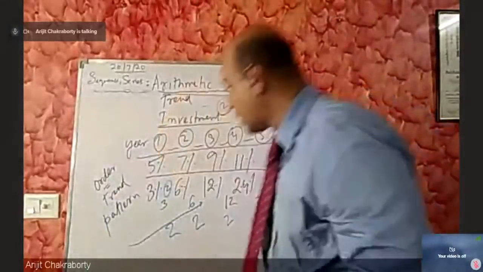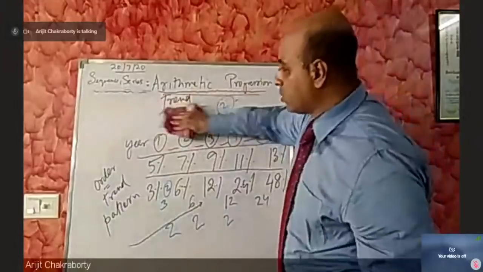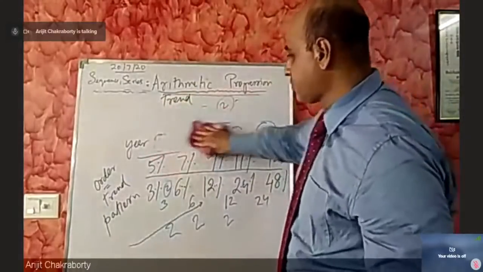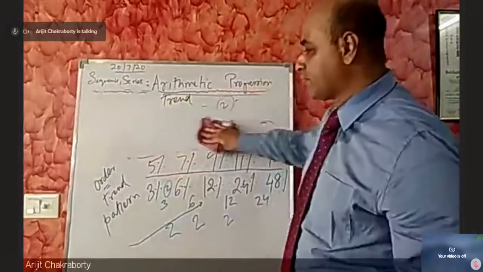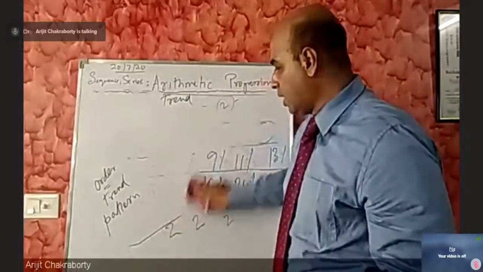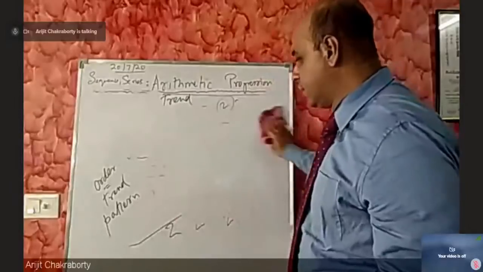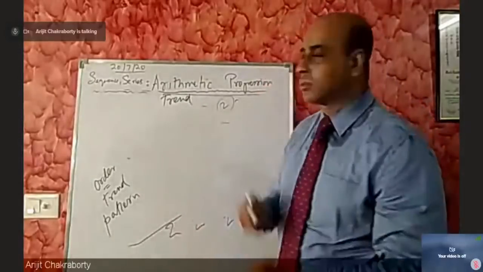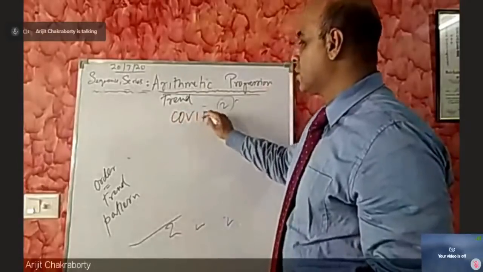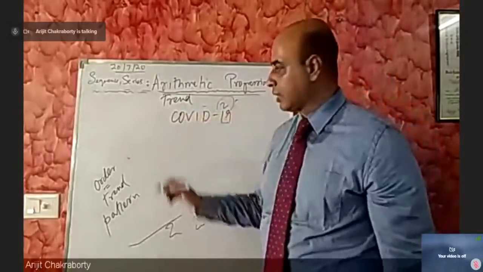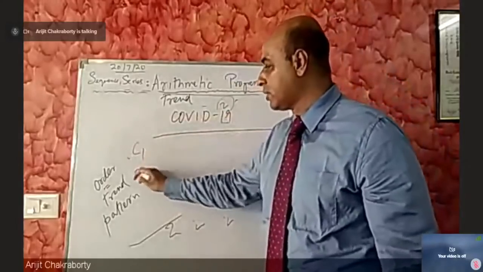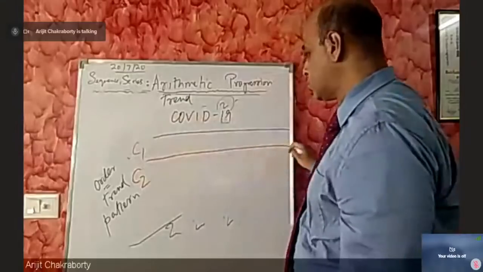Now I take another case. I will not call it investment anymore, but I will look at something different and something which is now creating a huge impact on the entire world, and I'm talking about COVID-19. Now, say there are two countries, C1 and C2.